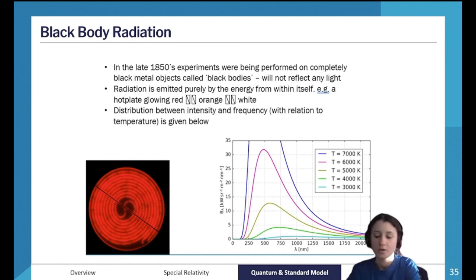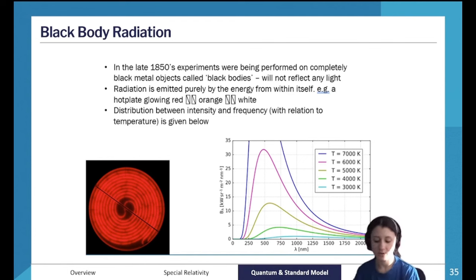So, essentially what's happening, we have a black body, we're shining light on it, and what's happening is the black body is getting so much energy that it's emitting radiation, alright? And this is done through electromagnetic radiation.